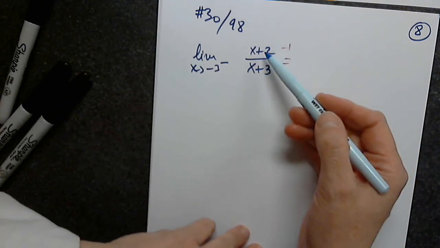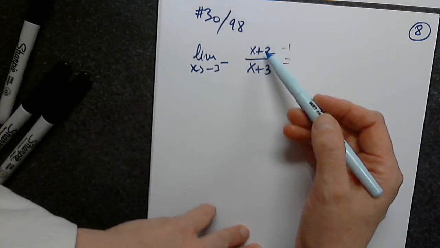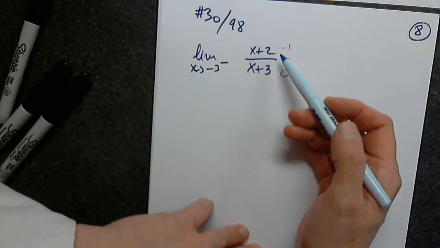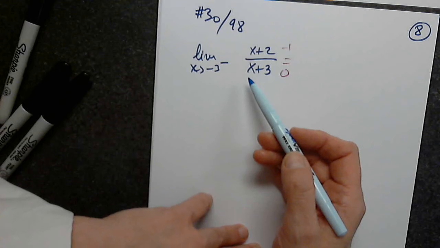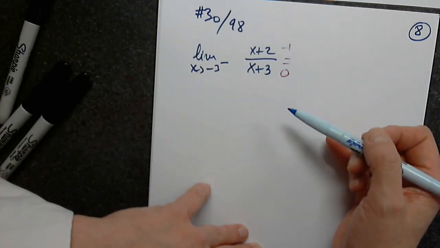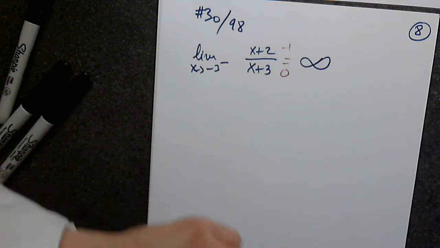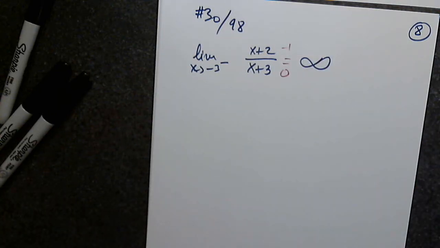Good. What is the numerator again? I just need the sign. Negative. What is the denominator with negative 3.2 in it? The sign. What is negative over negative? What does that mean?